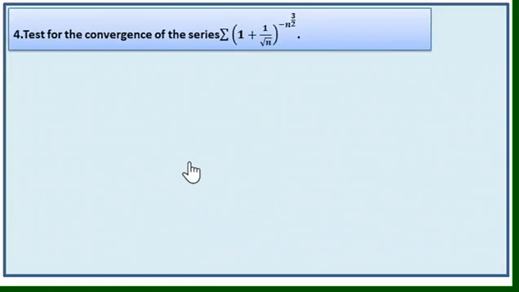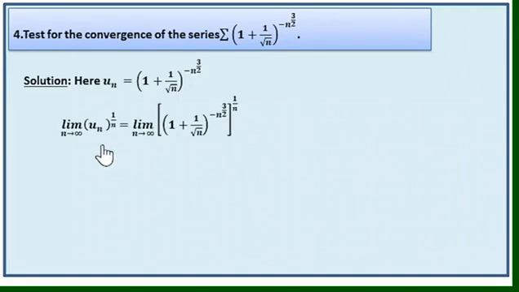Let us go to the next question. Test for convergence of the series 1 plus 1 by root n whole to the power minus n power 3 by 2. So un is 1 plus 1 by root n whole power minus n power 3 by 2.